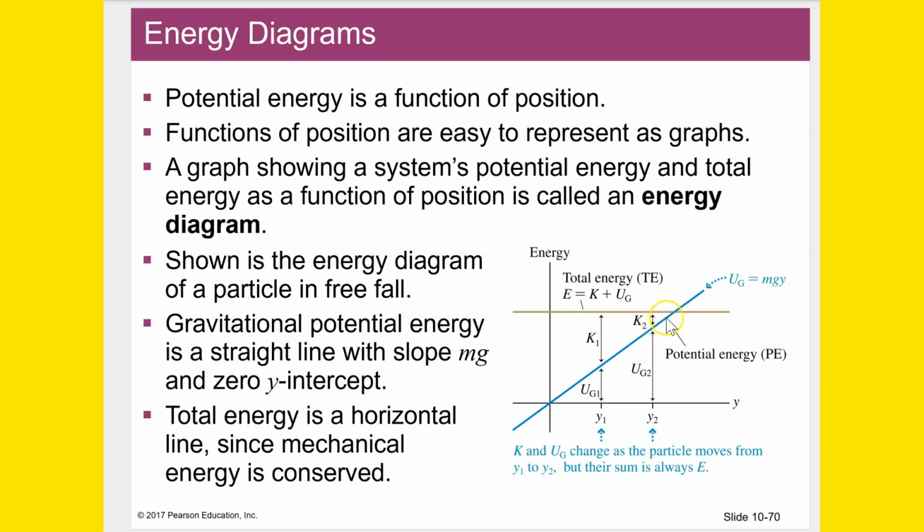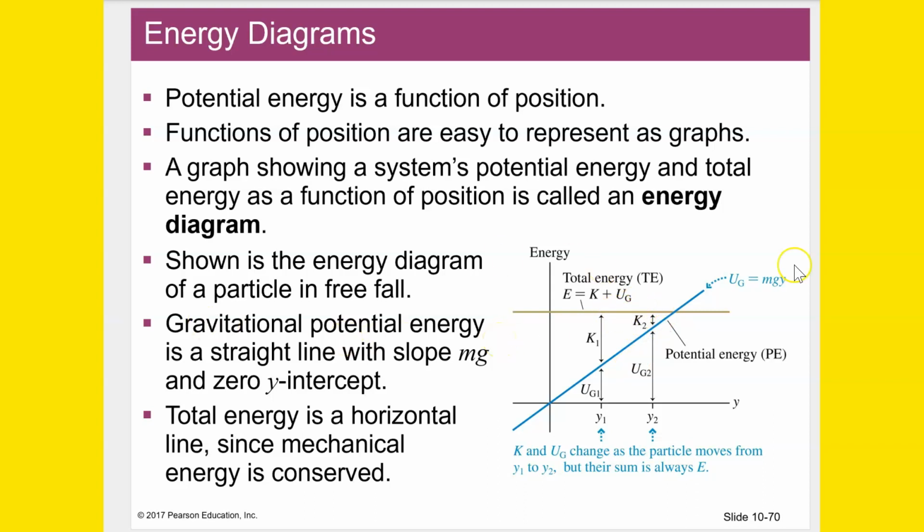However close that point on the blue line is to the top line, which is the total energy, the difference will be the amount of kinetic energy the system has. Since we're not dealing with any change in thermal energy or anything like that, potential and kinetic together will equal the total energy of the system. So the sum of them has to equal the total.